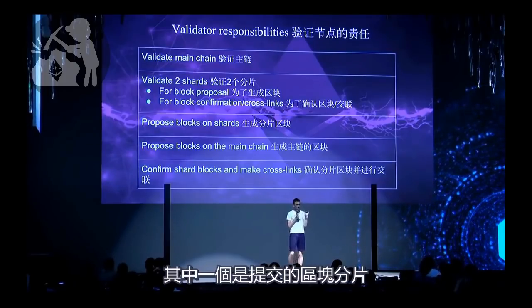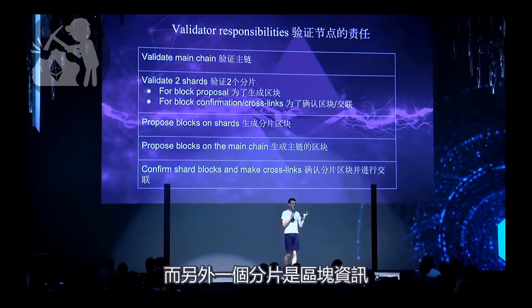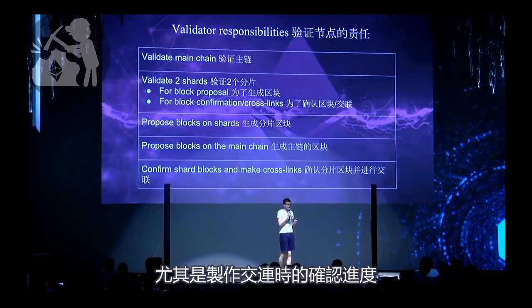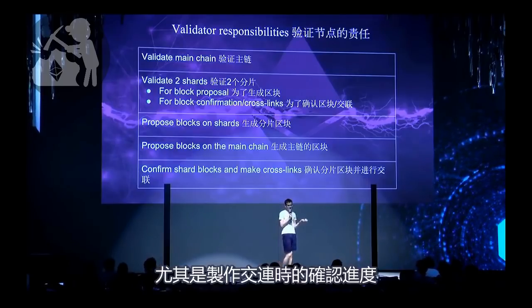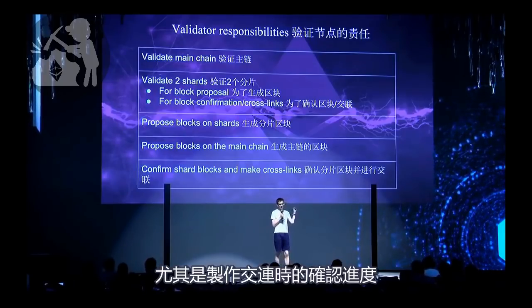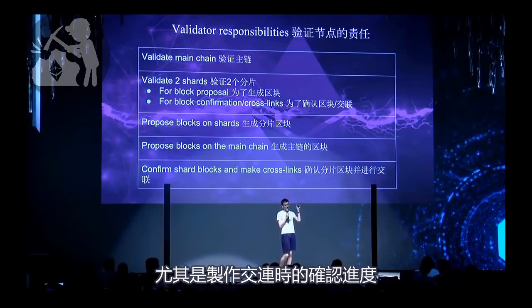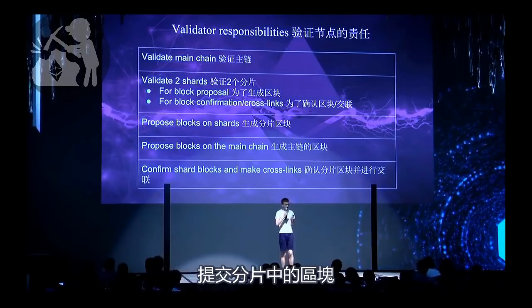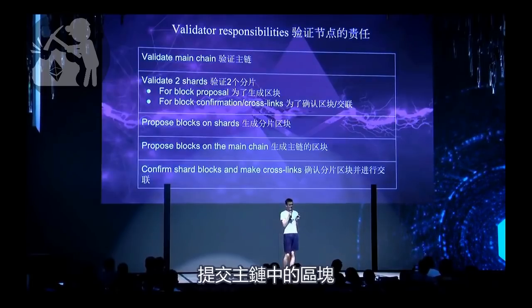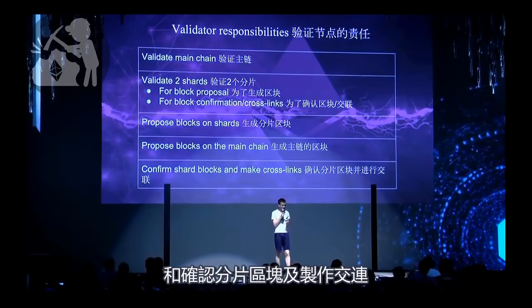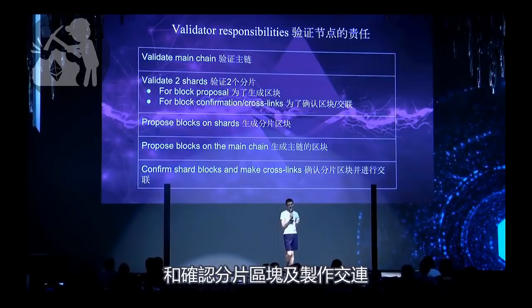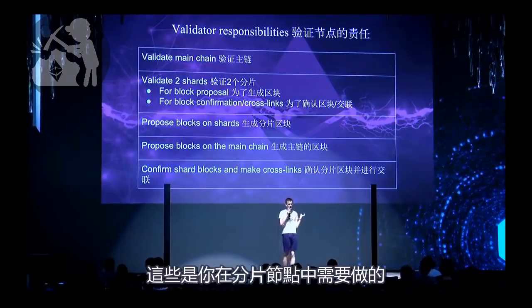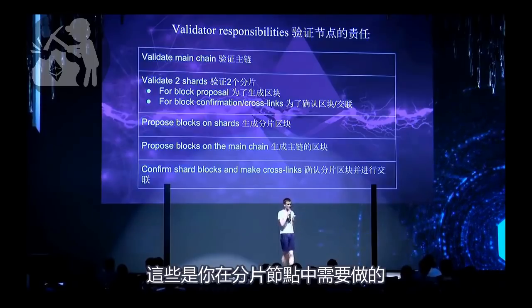One of those shards is for block proposal, and one is for block confirmation, particularly making crosslinks that confirm some amount of progress on the shard into the main chain. Propose blocks on shards, propose blocks on the main chain, and confirm shard blocks and make crosslinks. So these are the things that you do as a node in a sharded network.